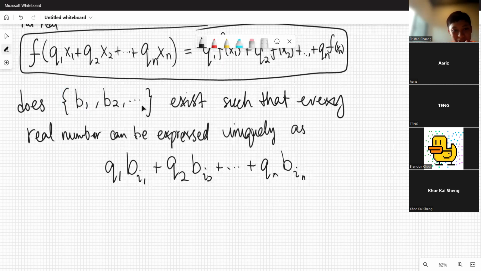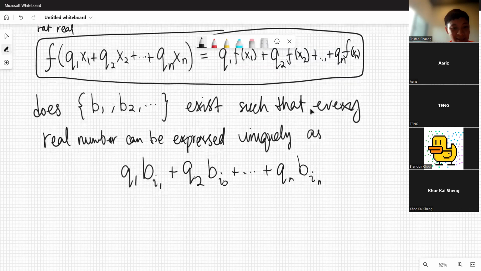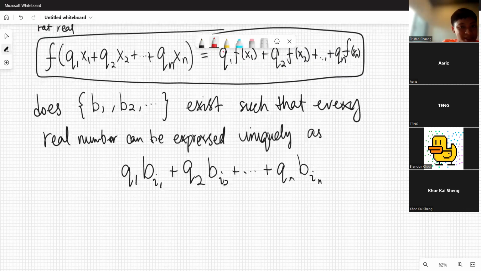It will be uncountable, and so we are not allowed to write B1, B2, B3. But I will not prove this. The general form is such a theorem, which I'll just mention now, and I won't prove because it's going to be something to do with axiom of choice and something else.